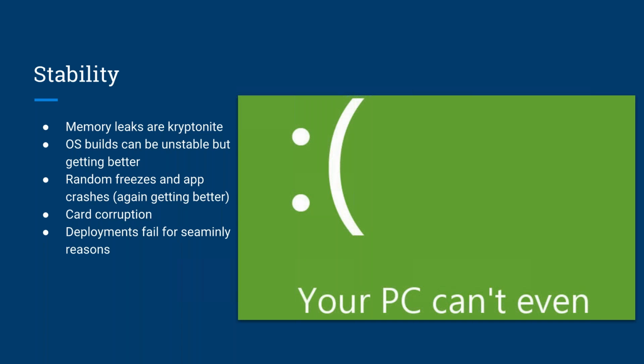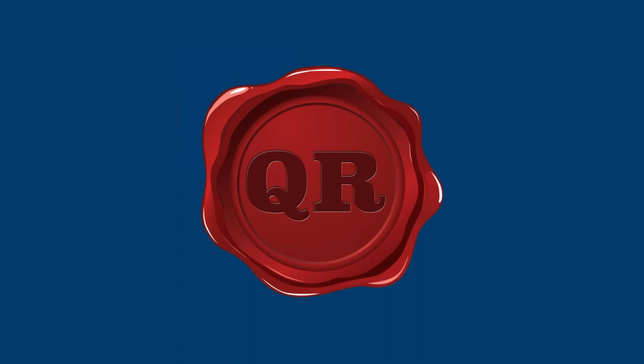Just reinstall it, hope the card is still useful. And I didn't mean to demonstrate this, but deploys fail for seemingly unknown reasons. So you just have to be patient with it, try to work through the things and get through it. And that's pretty much it.